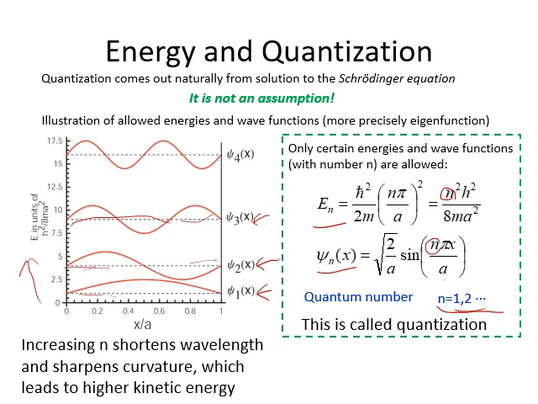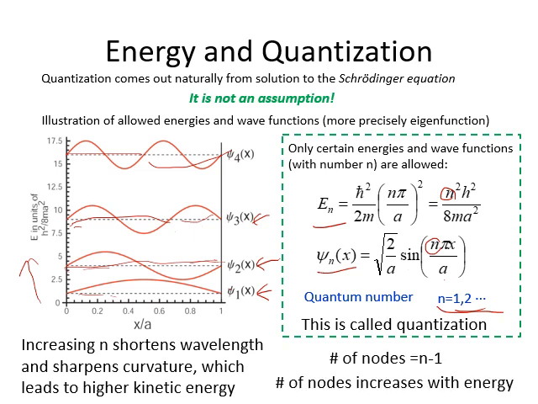So this is one wave, this is 1.5 waves, this is 2 waves. So wavelength decreases and the curvature increases. Curvature is a measure of the second derivative. This is about kinetic energy. So kinetic energy increases when you increase quantum number n.